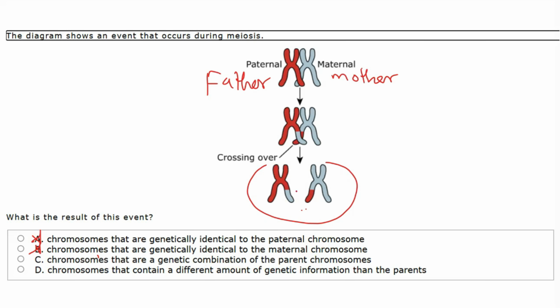You can see both red and gray in this chromosome. So C is the answer here. And D says the chromosomes contain a different amount of genetic information than the parents. It cannot happen, right? It should be from the parents only. So D is not correct. C is the answer for this one.